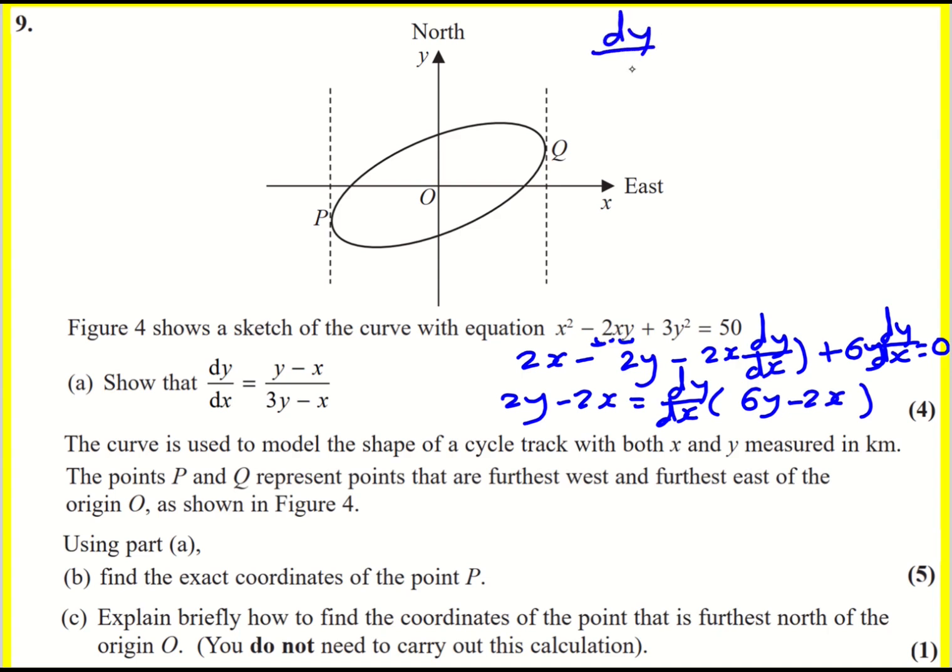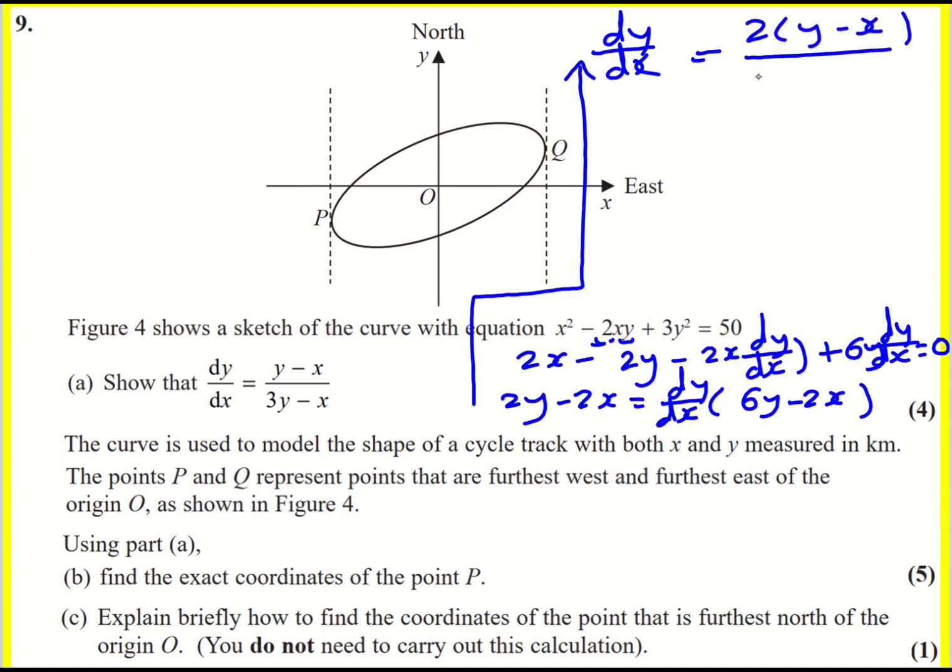Right, I'll come up here. So dy by dx is then going to equal 2 bracket y minus x over 2 bracket 3y minus x. Okay, let's divide that through by that 2. And we've got our answer, y minus x over 3y minus x. Nice one.